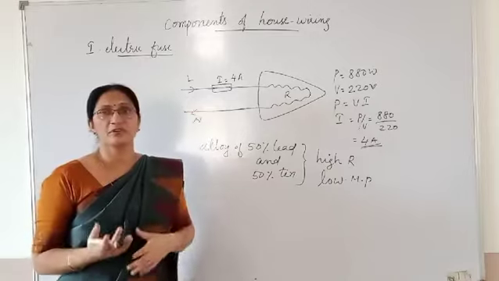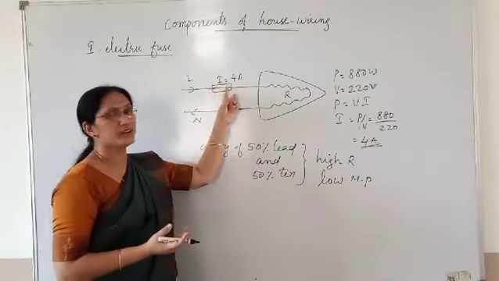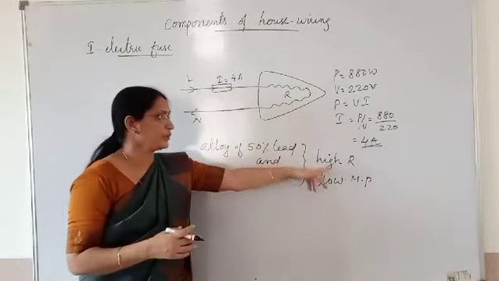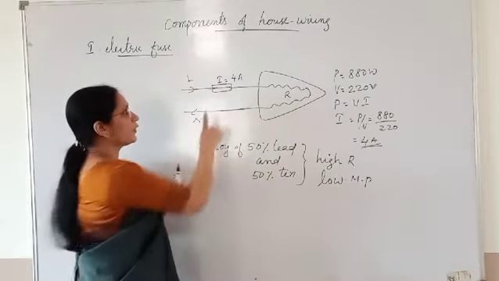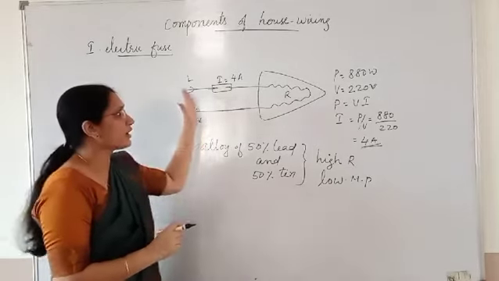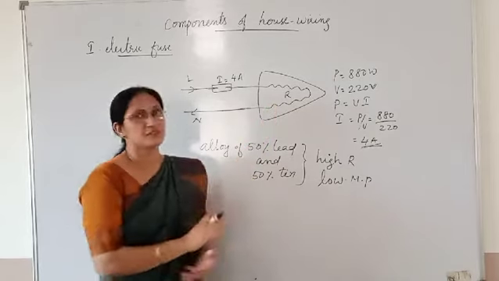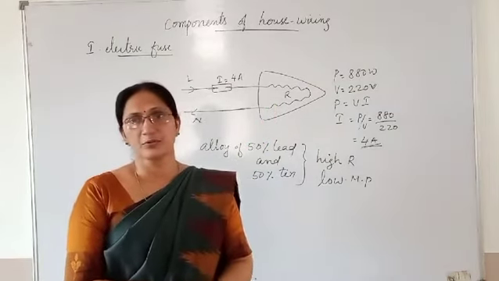And the benefit of having high resistance is, whenever an overloaded current enters into the circuit, this wire gets heated faster due to high resistance. Again, due to low melting point, all of a sudden it gets melted. Thereby, overloaded current cannot enter into the circuit and the appliance will be safe. This is the working of a fuse.